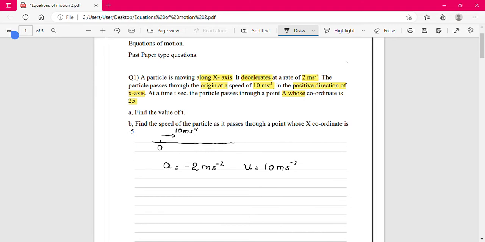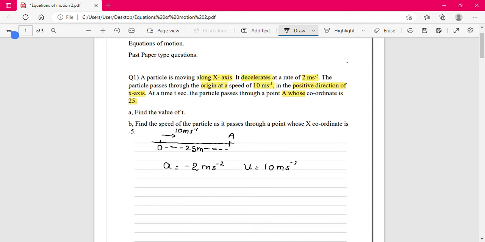Then at a time t seconds, the particle passes through a point A whose coordinate is 25. So students, keep this in mind that indirectly the displacement of the particle is given to you, assuming that the coordinates are separated by 1 meter each.